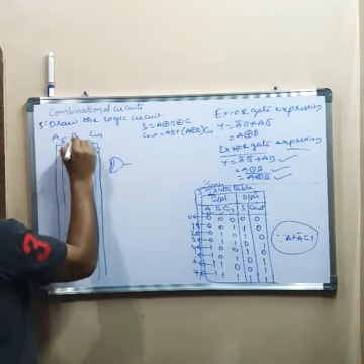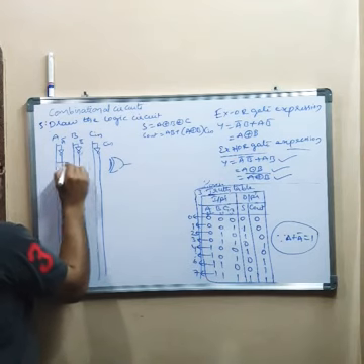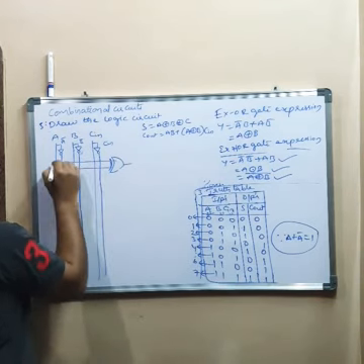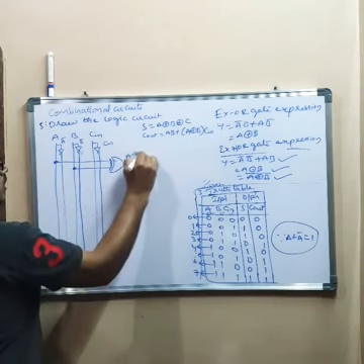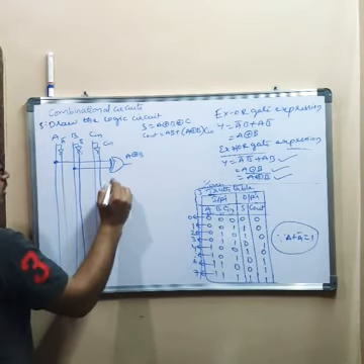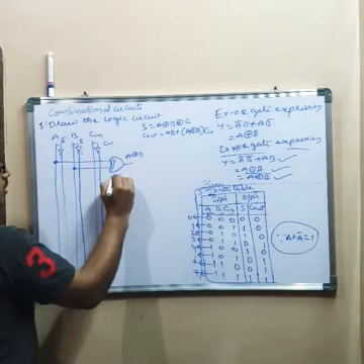First I will connect A and B. Here you will get A XOR B. Next I will take one more XOR gate.